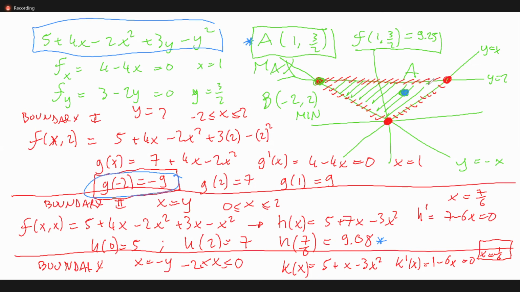And then we took the functional values at the extrema, at the upper and lower limit of the boundaries. We then compare all the functional values at the critical point and the boundaries. So -9, 7, 9.5, 7, 9.8, and so on. Thus determining which one is the absolute maximum, and which one is the absolute minimum within that region.